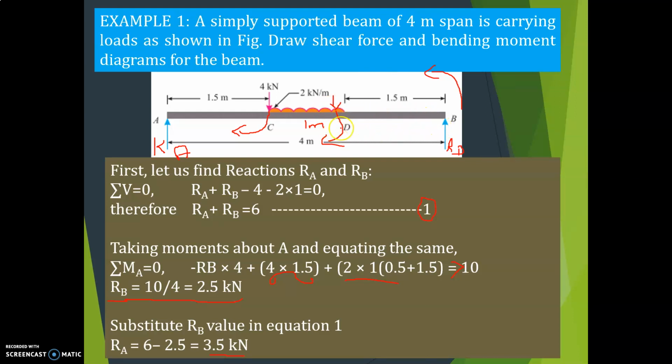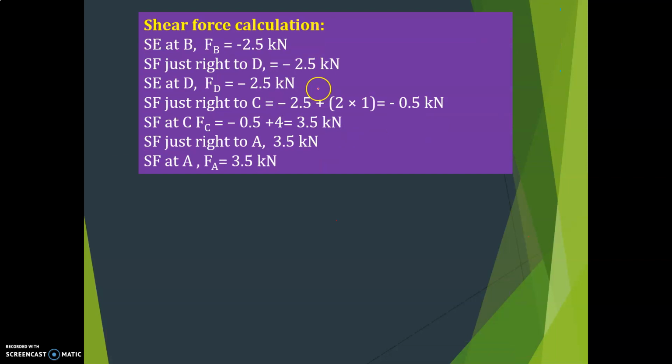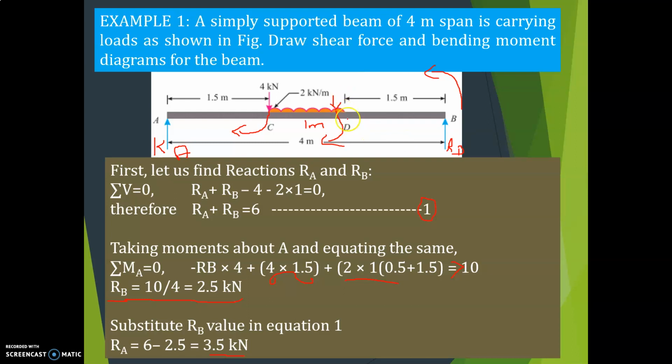So shear force at D also is minus 2.5 kilonewton, because here there is no point load, nothing.